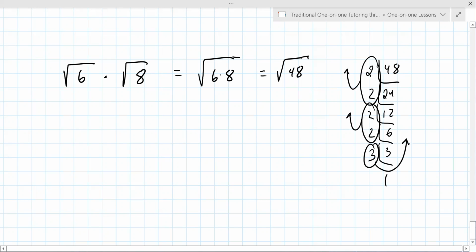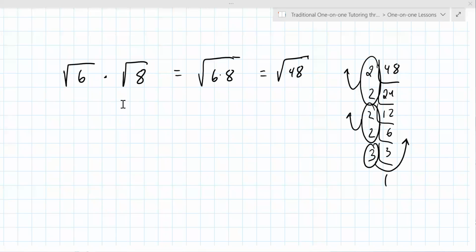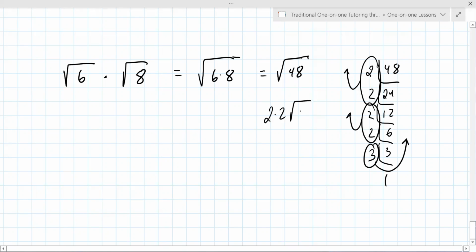Gosh, I'm running out of paper. I got 2 times 2 and then the square root of 3.